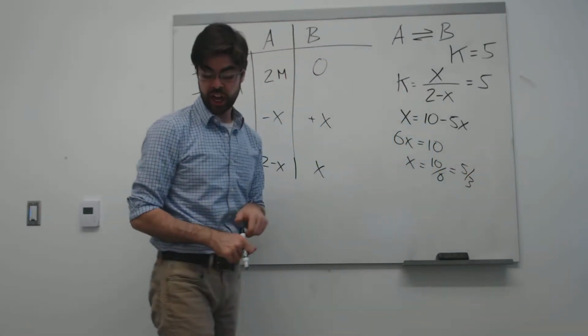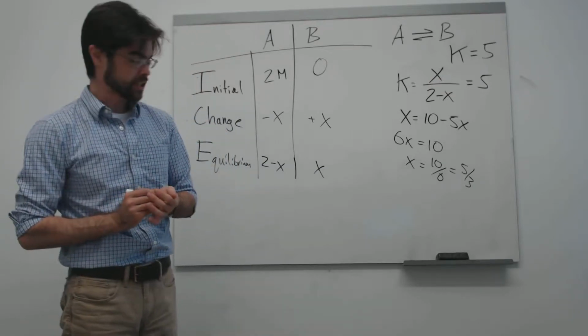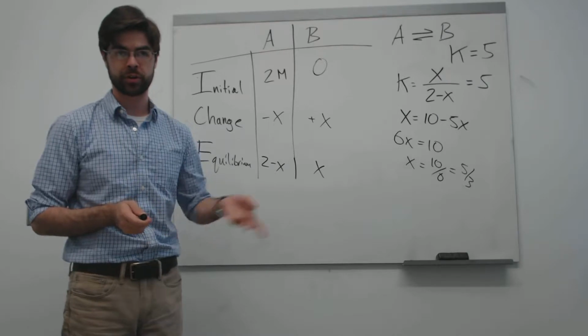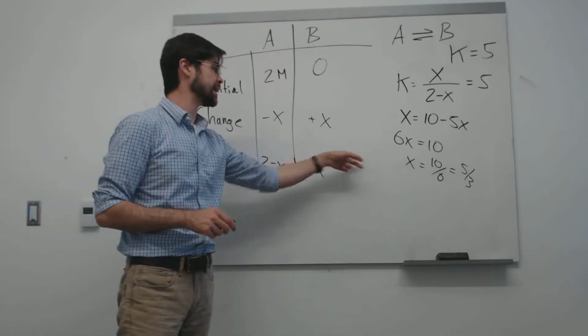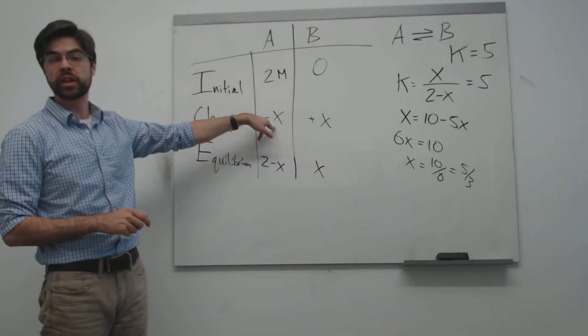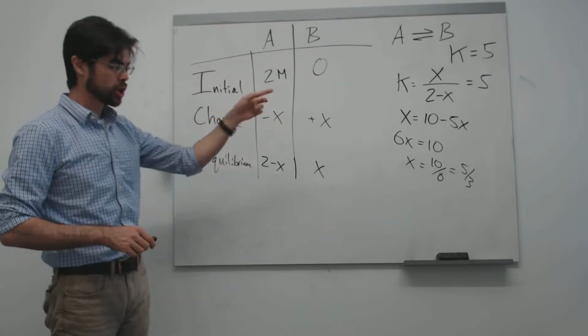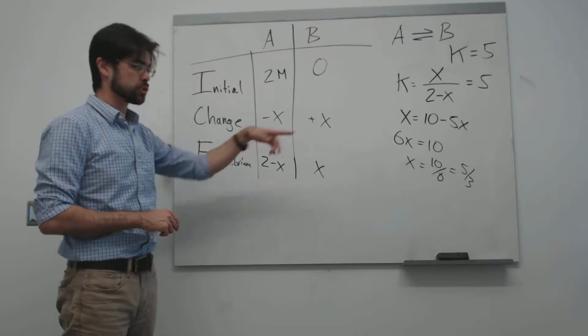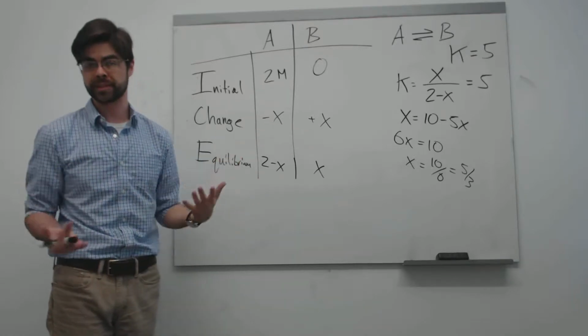So that's the change in the concentrations. Keep in mind, it's always good to remind yourself what physical quantity you are calculating. X in this case represents how much the concentrations changed. What we wanted to find was the equilibrium concentrations. So even though we've solved for x, the problem's not done yet.